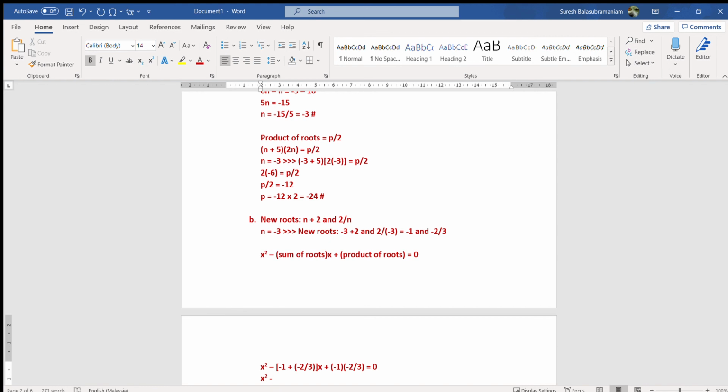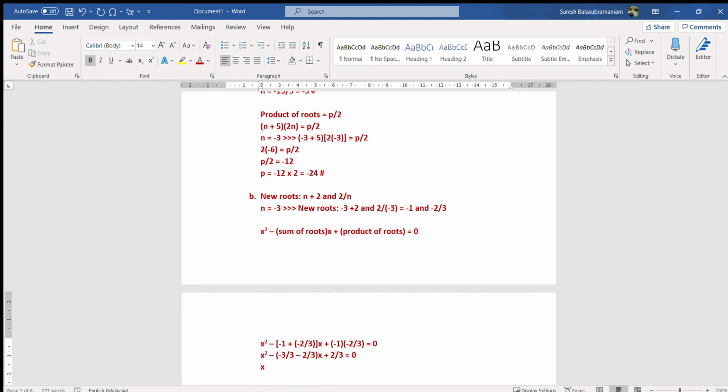I'll change it to fraction, so I'll get negative 3 over 3 minus 2 over 3, x, plus negative and negative, we get plus. So plus 1 times 2 over 3, get plus 2 over 3 equals 0.